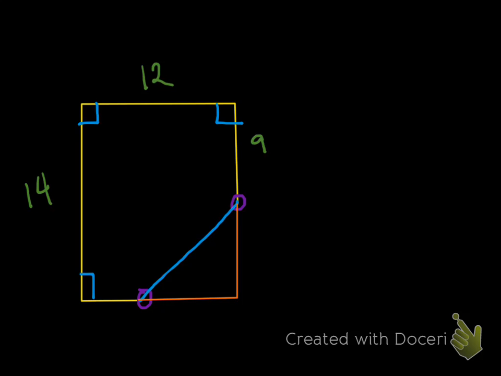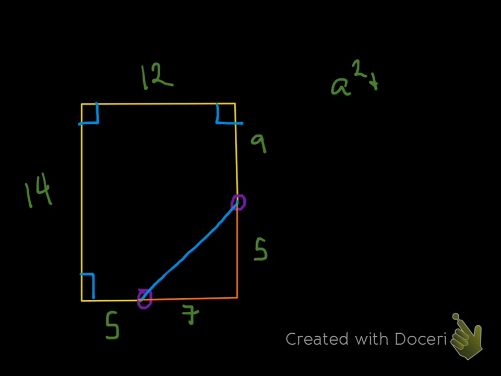So we knew that this first one is 5. All right, so this side is 12. That means this side has to be 7, right? Because 5 plus 7 is 12. And if this distance is 9 right here, and it's 14 on the other side, we know that that has to be 5 inches. So now we've got our A, our B, and our C.